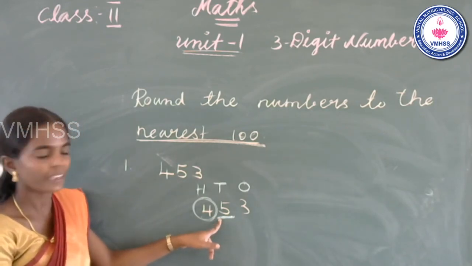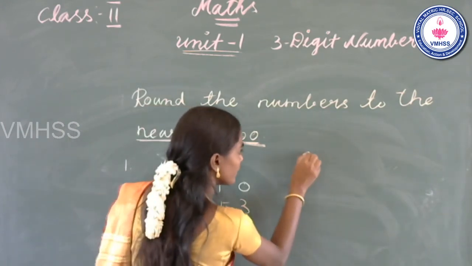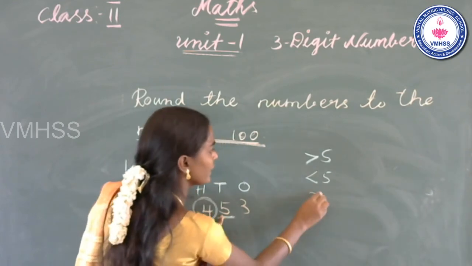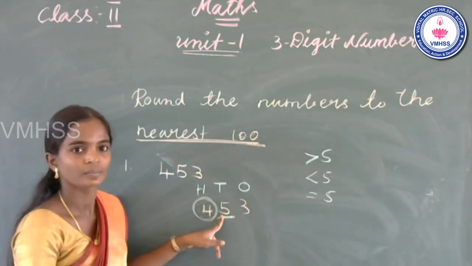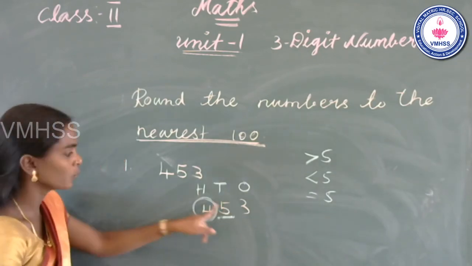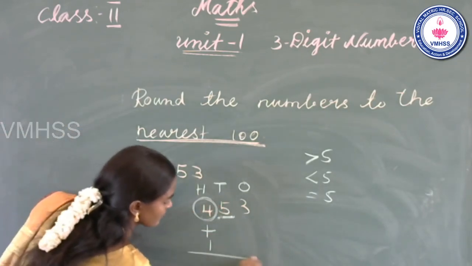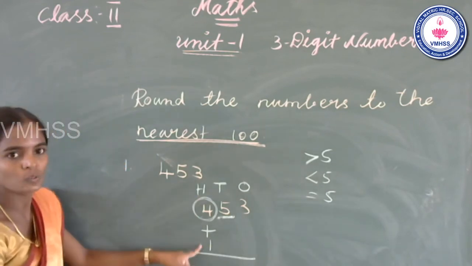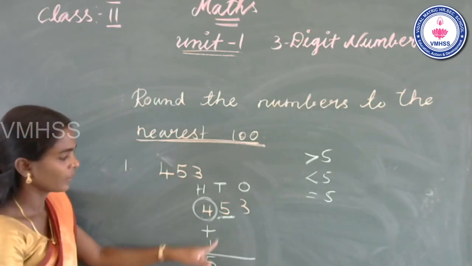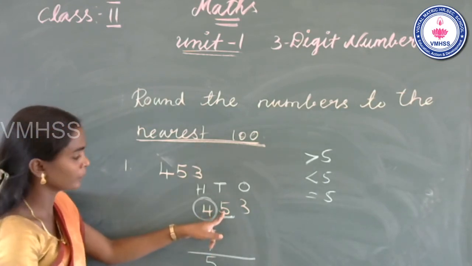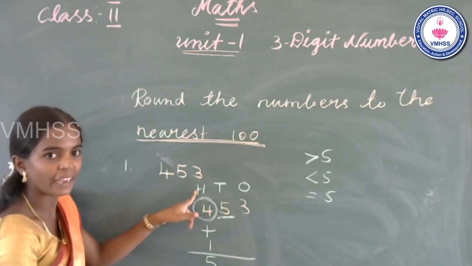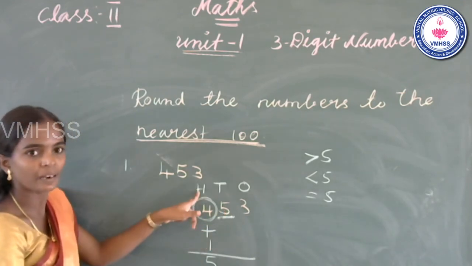5. Children, listen. Is 5 greater than 5, less than 5, or equal to 5? Equal. So we add 1 to the 100 place. 4 plus 1 is 5. The tens place number equals 5, so we add 1 to the 100 place.